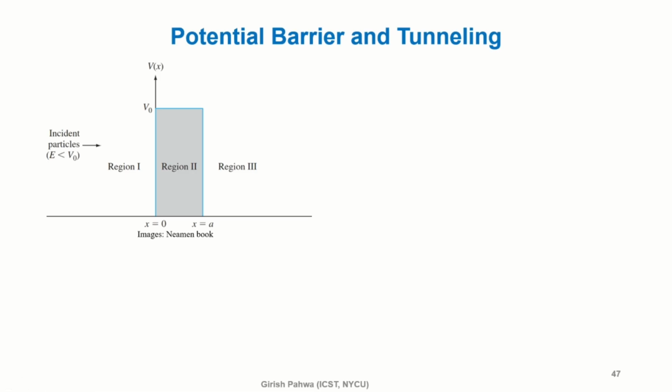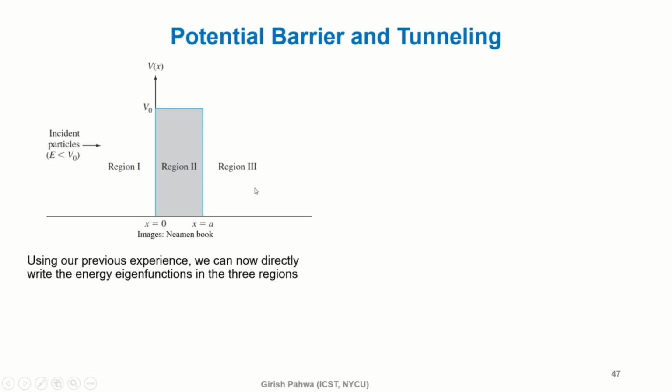Okay, so now let's try to draw the wave functions in region 1, 2 and 3 and see what is happening. From our previous experience we can say that whenever the energy is greater than V naught, a flat 0, so this is 0, if energy is greater than 0, there will be some kind of an oscillation.